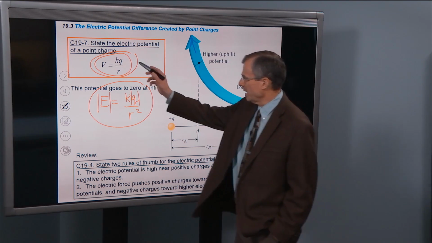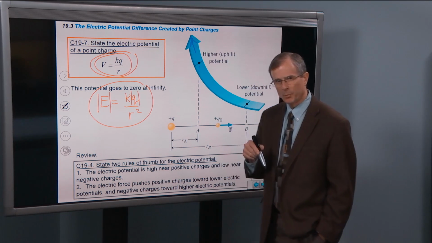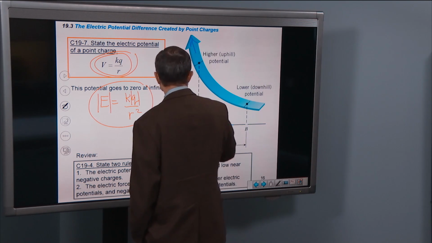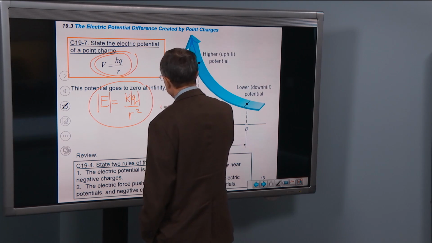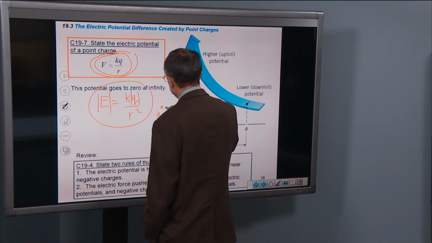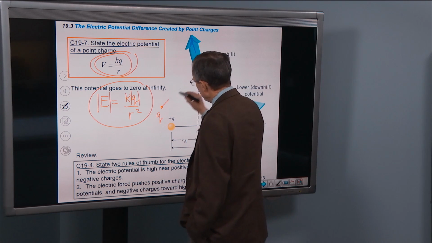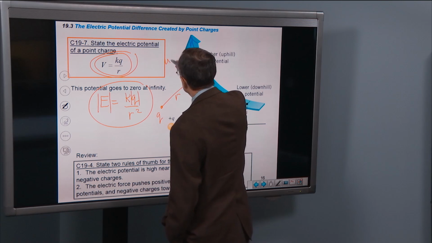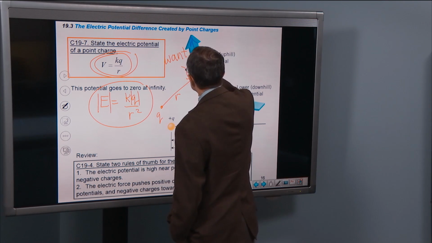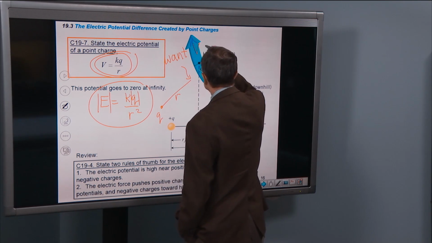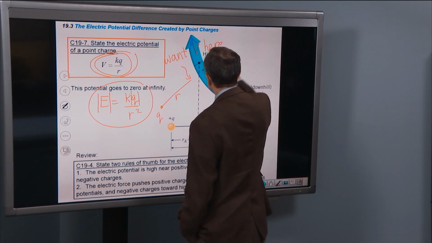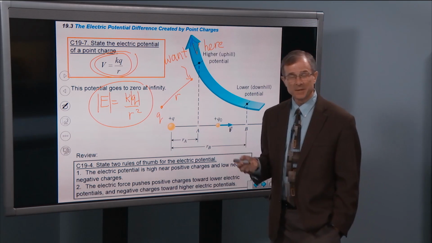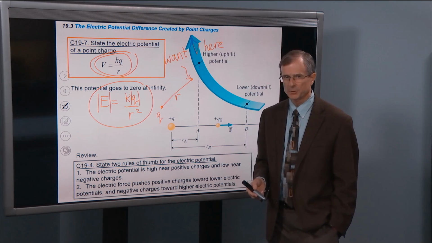But the bottom line is that the potential of a point charge, a distance r away from it, is V. So let me say what that means. If we have a point charge Q here, and I want the electric potential at this spot, there might be something there, there might be nothing there, but I'm just interested in what the electric potential is.